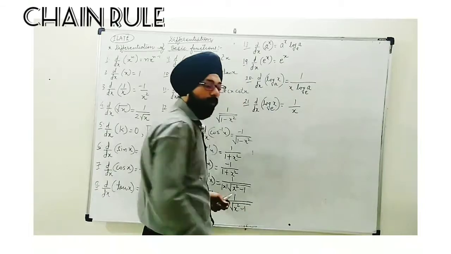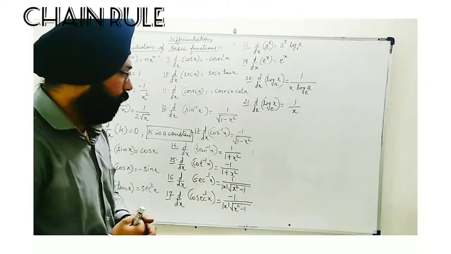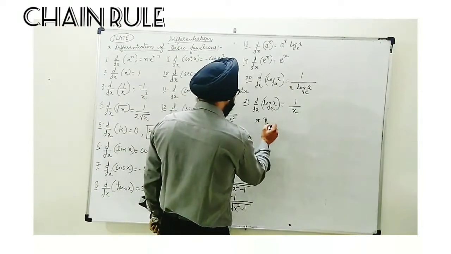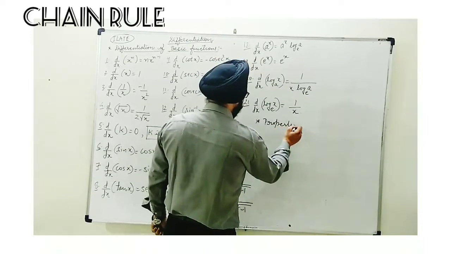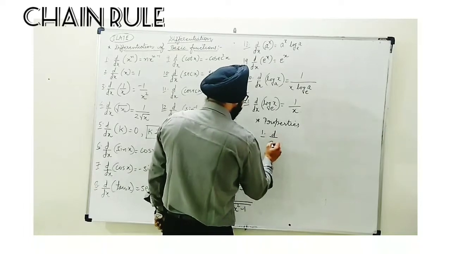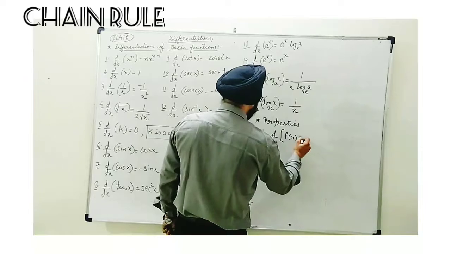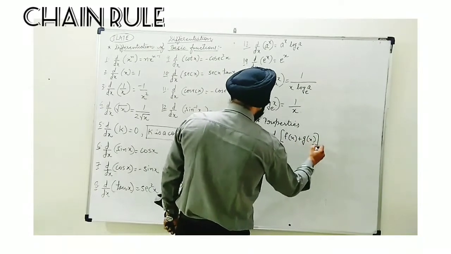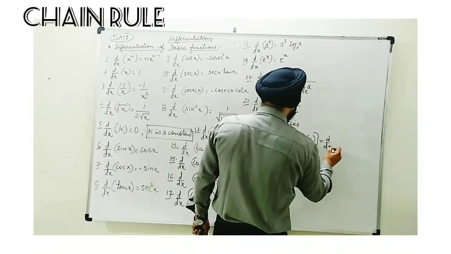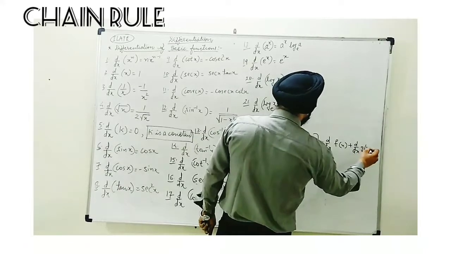Now what else we are going to see? After this we have seen a few rules, those are to be revised. Like the 22nd rule: when d by dx, the differentiation of two or more functions in addition, is taken, suppose the functions are fx and gx, then this is separable, meaning we can differentiate each function in two terms.